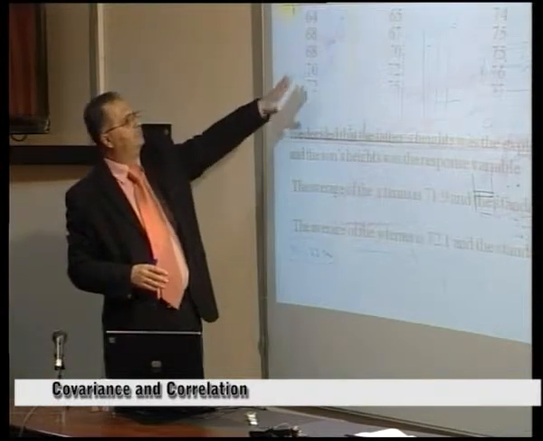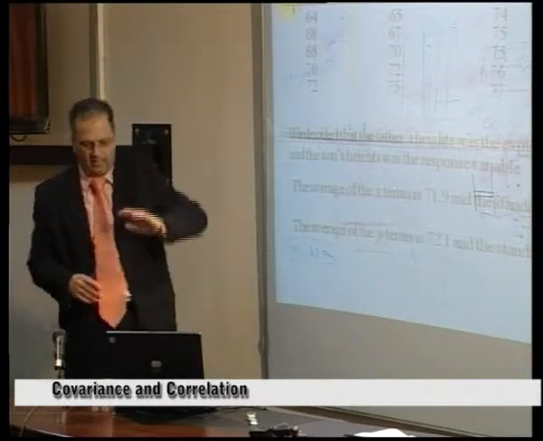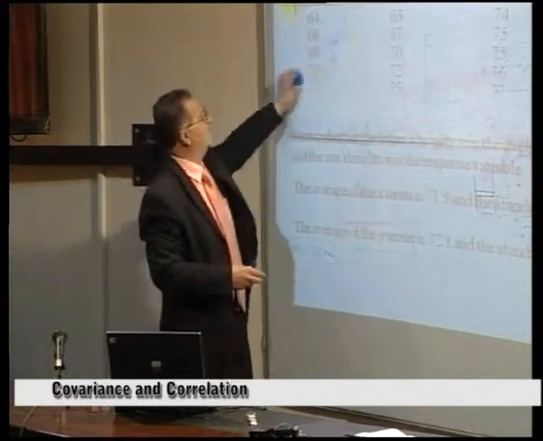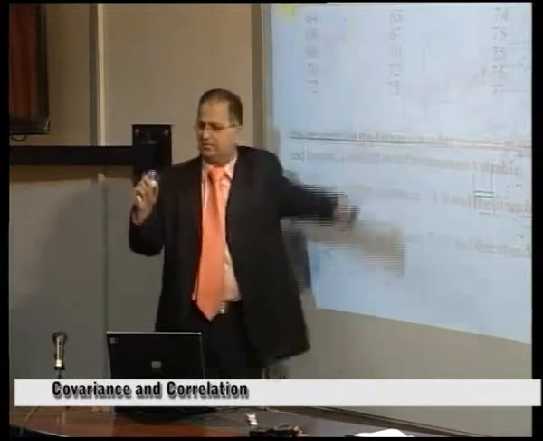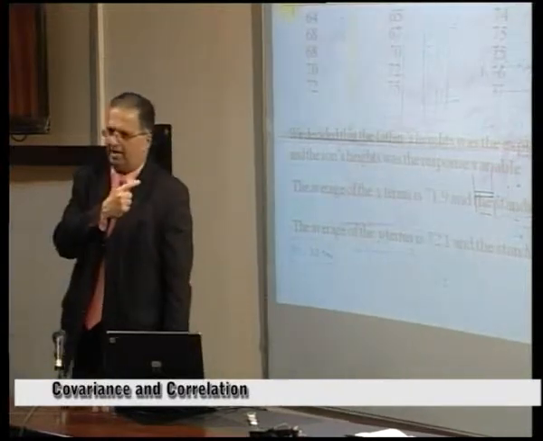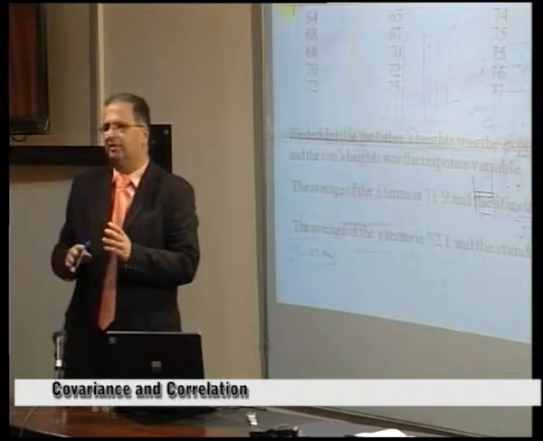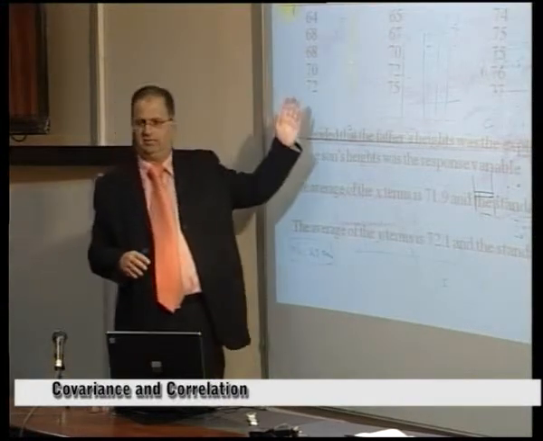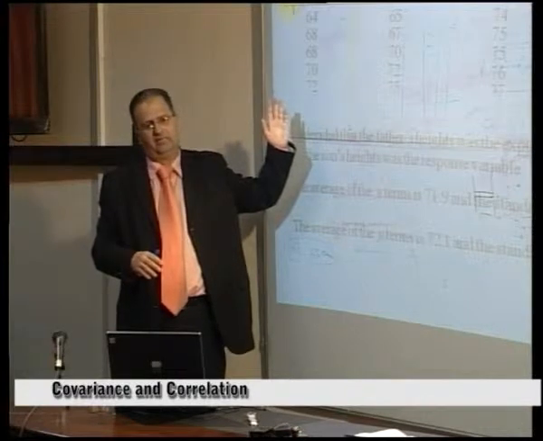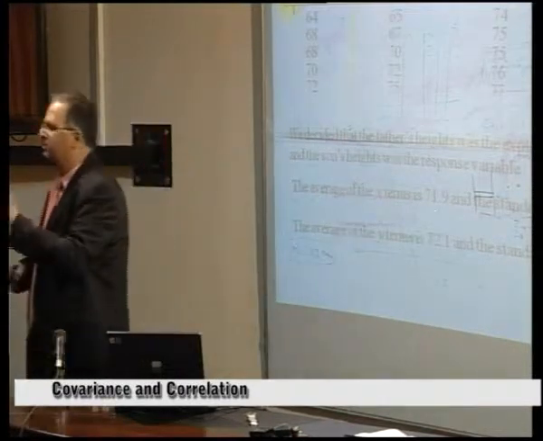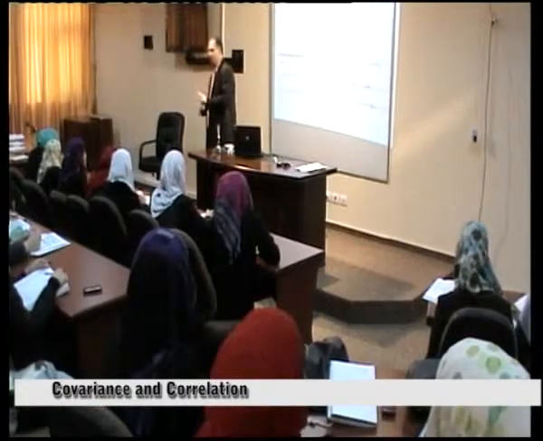X 68, son's height is 67, and so on. Sometimes, if the data set is small enough, as in this example where we have just 10 observations, you can tell the direction. I mean, you can say, yes, for this specific example, there exists a positive relationship between x and y.